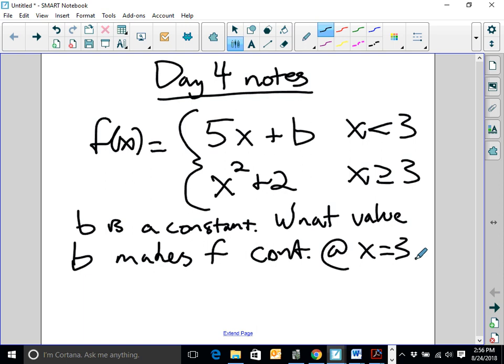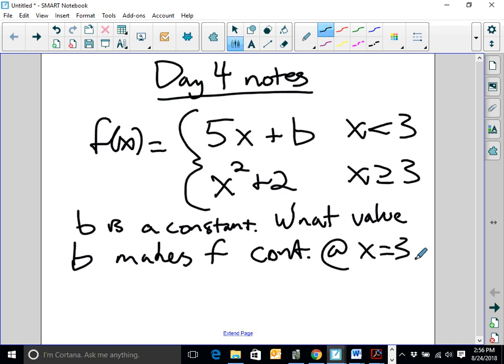Okay, for a function to be continuous at a point, in this case the point x equals 3, we need to have the left-hand limit and the right-hand limit equal to each other. So the limit exists. Once the limit exists, then the function has to be defined at that point, and those two have to equal each other. But the majority of the work here will be done in making sure that the right-hand limit equals the left-hand limit.